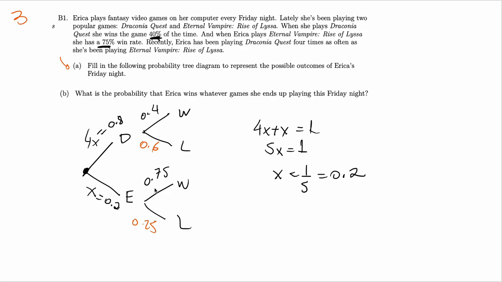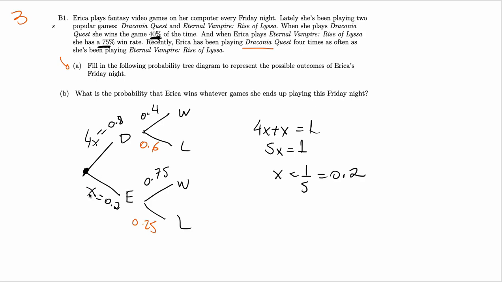Yeah. I missed how you got the 0.8 and 0.2 for Z. Yeah. So did you see that they told you that Erica goes to D 4 times more? Yeah. So whatever number it is the probability to go to E, going to D is 4 times more. So it's 4x, right?